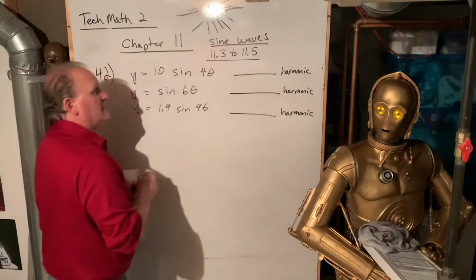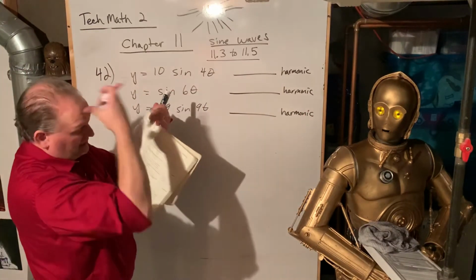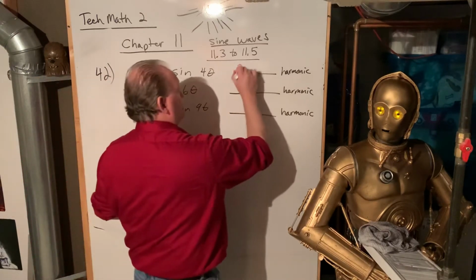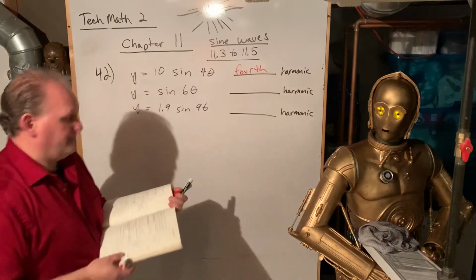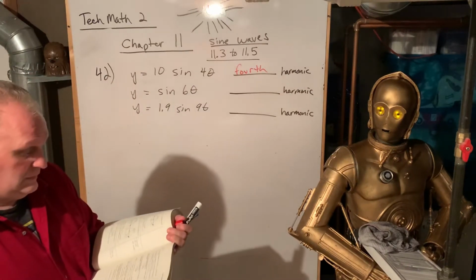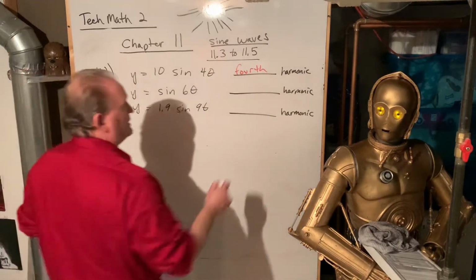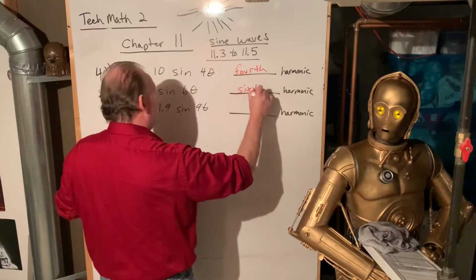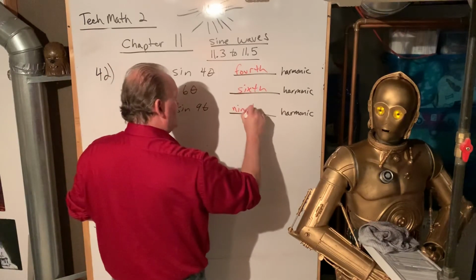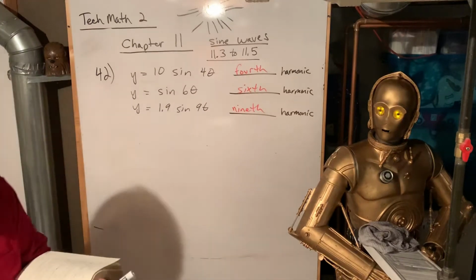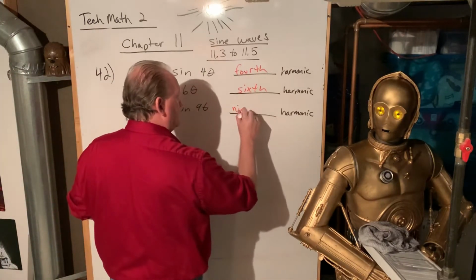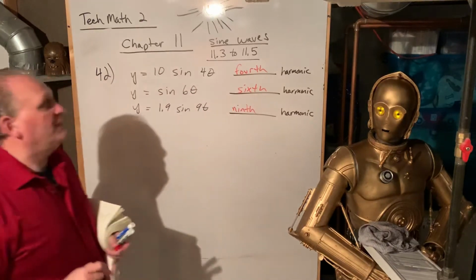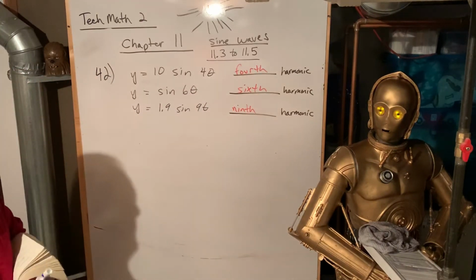So this is going to be a 4th degree harmonic, or just a 4th harmonic. This one would be a 6th, and this one would be a 9th. So 4th, 6th, and 9th.